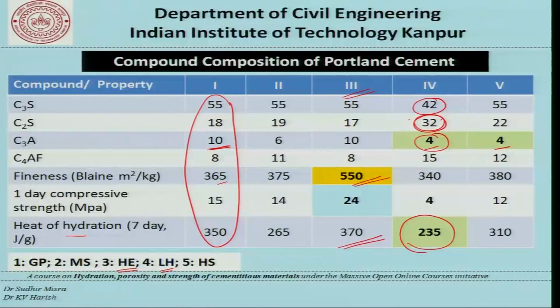So, it is the early stage of hydration where we want to control the amount of heat that is liberated, and that is why we have specifications on the 7 days heat of hydration in terms of joules per gram as 235, which is the lowest among all of them and is much lower compared to the type 1 cement.